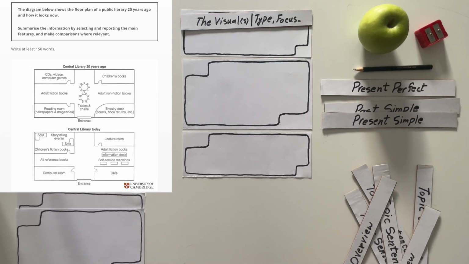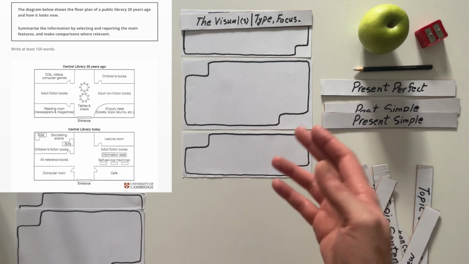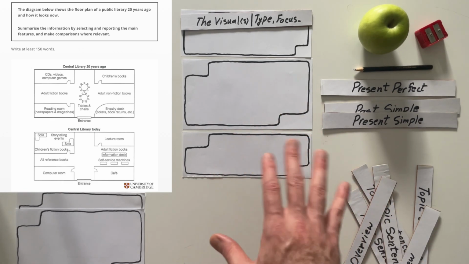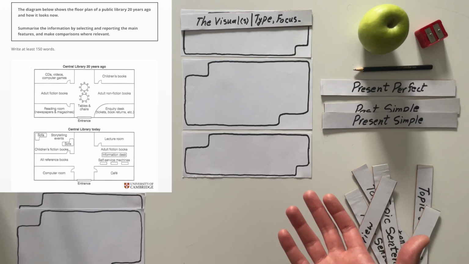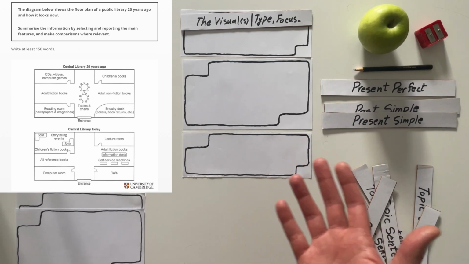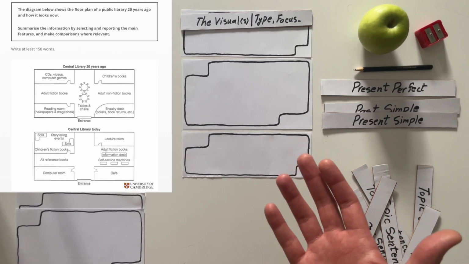What else? The corridor used to have some tables and chairs in the middle, and that was it. But now, as I can see, it's a lot different. Those tables and chairs are gone. The corridor is much cleaner.